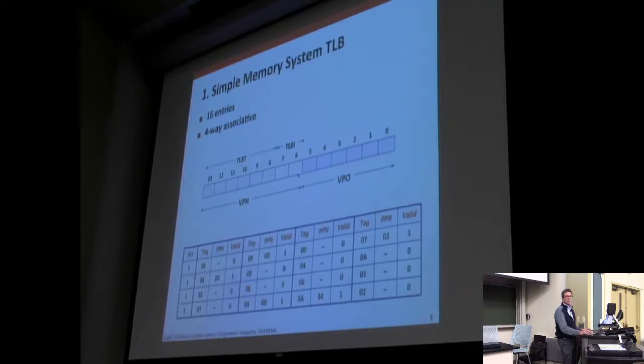We have 16 entries, 4-way set associative, so there's a total of 4 sets. And so we use the 2 low order bits in the VPN as the index, and then the remaining bits, just like any other cache, are the tag bits. Okay, and then we've initialized this with various values.